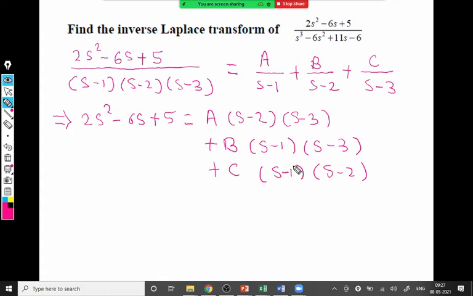Just equate the denominators to 0. So if we equate the denominator of a to 0, we get s equal to 1, then s equal to 2, one by one. So put s equal to 1.